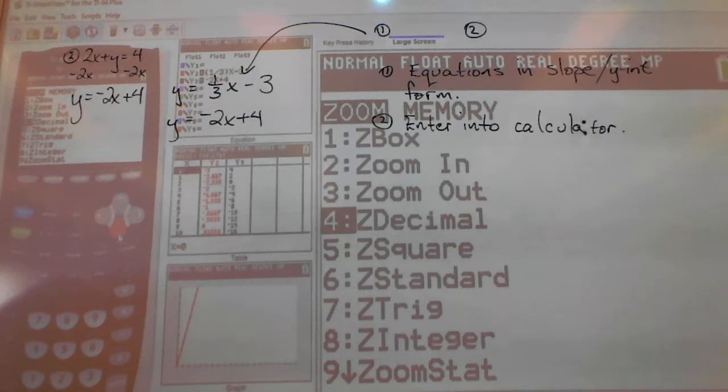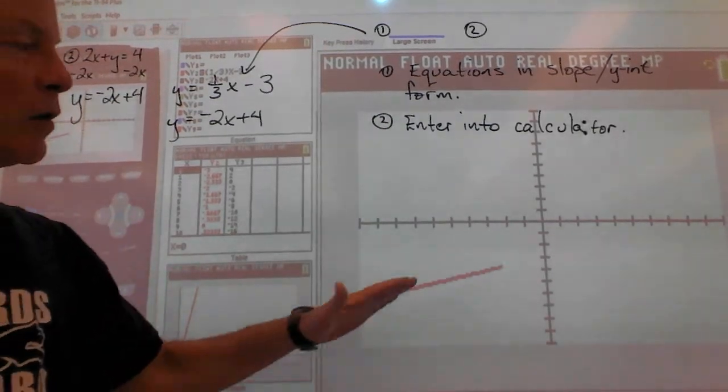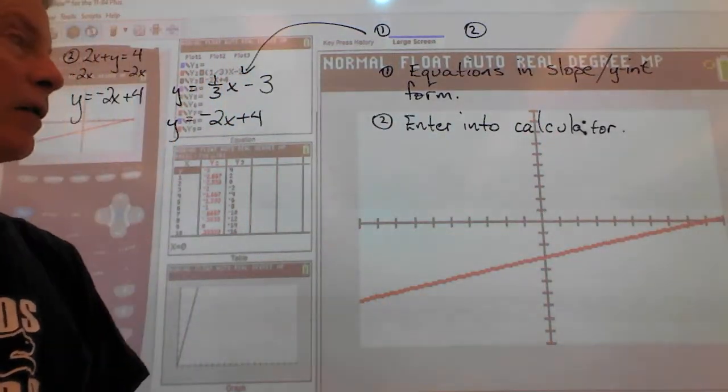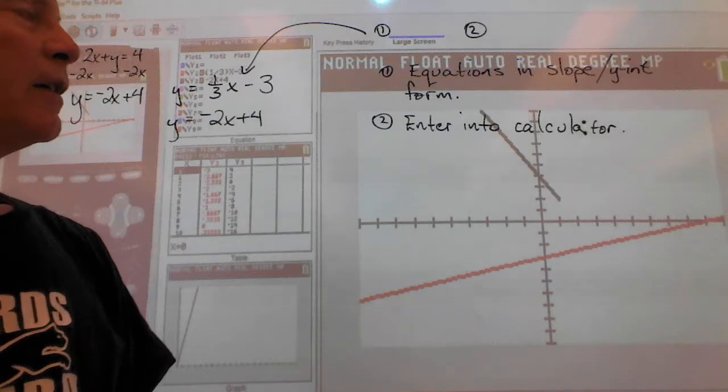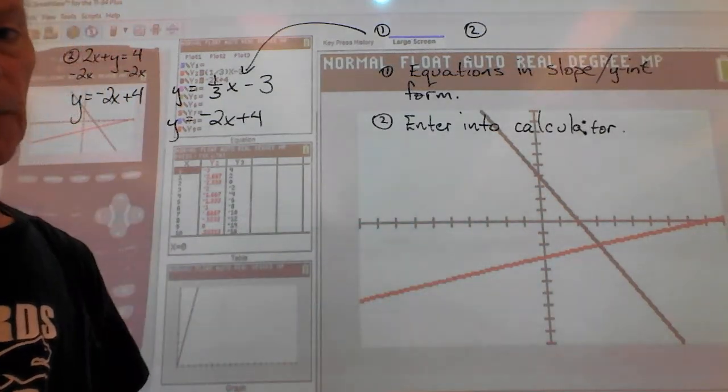Sorry. There we go. Zoom standard number 6 and press enter. Must be Monday. That will give you a more standard X and Y axis, okay? I would say that you should always start with the standard screen, okay?